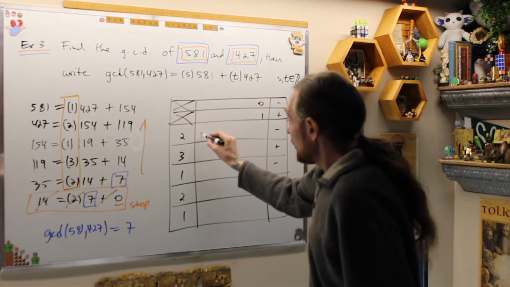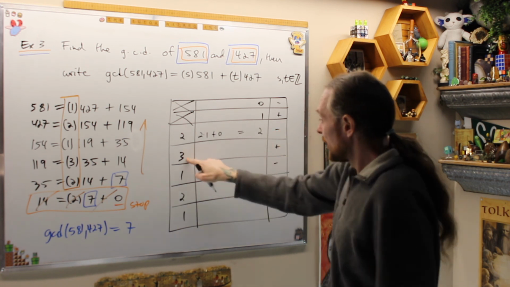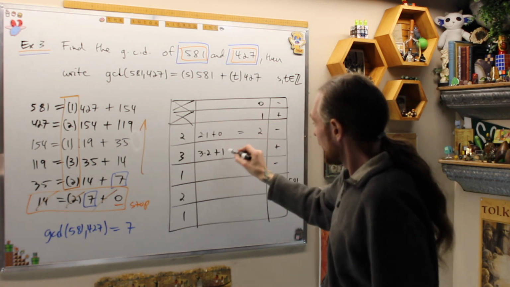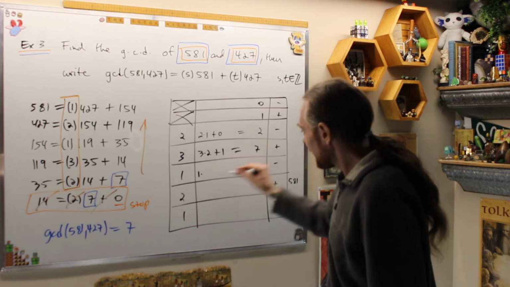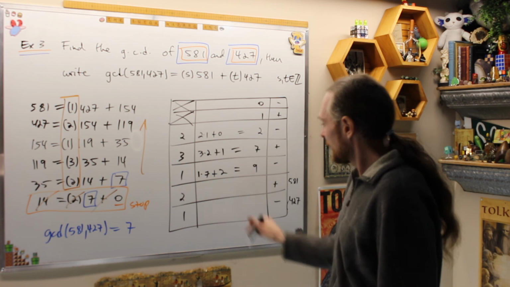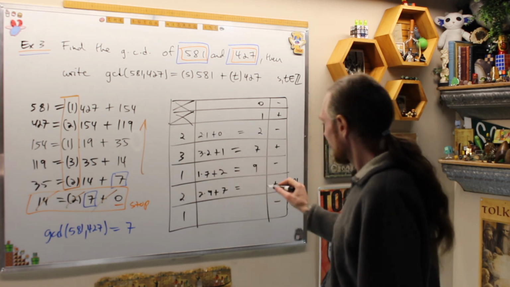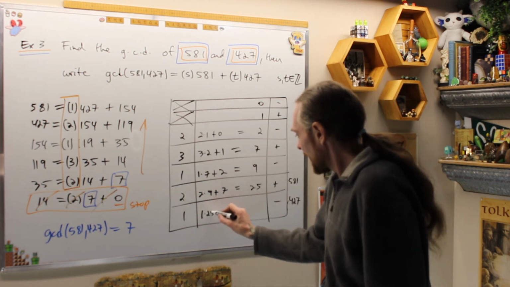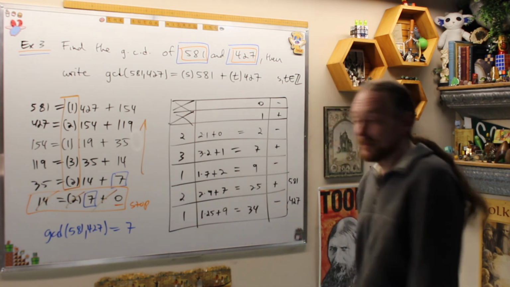Now what am I doing? 2 times 1 plus 0 is equal to 2. 3 times 2 plus 1 is equal to 7. 1 times 7 plus 2 is 9. 2 times 9 plus 7 is equal to 25. 1 times 25 plus 9 is equal to 34.